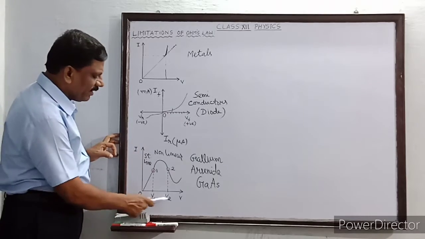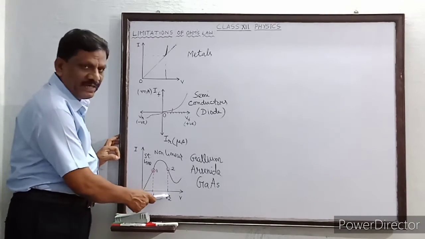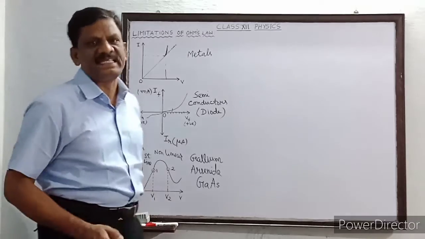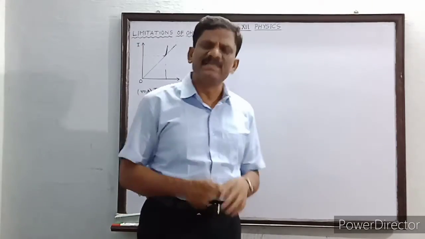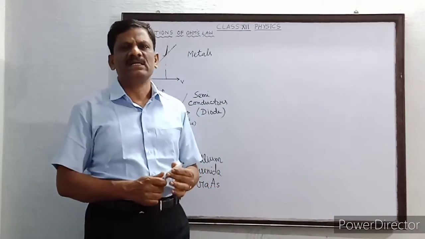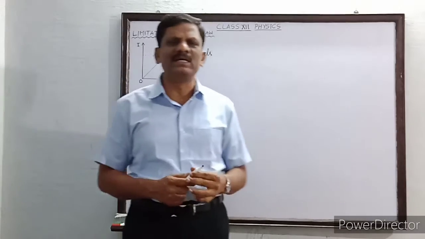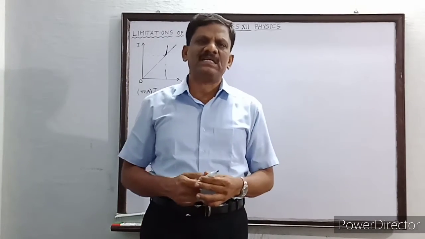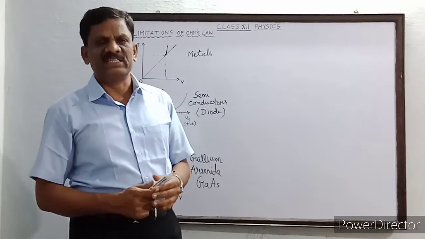So for two different voltages, V1 and V2, the current remains the same. That means V by I will not be a constant throughout the graph. So these are some of the limitations.